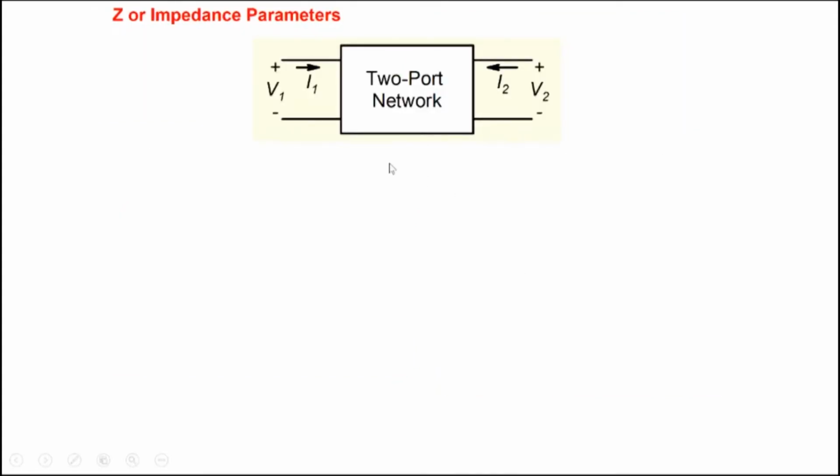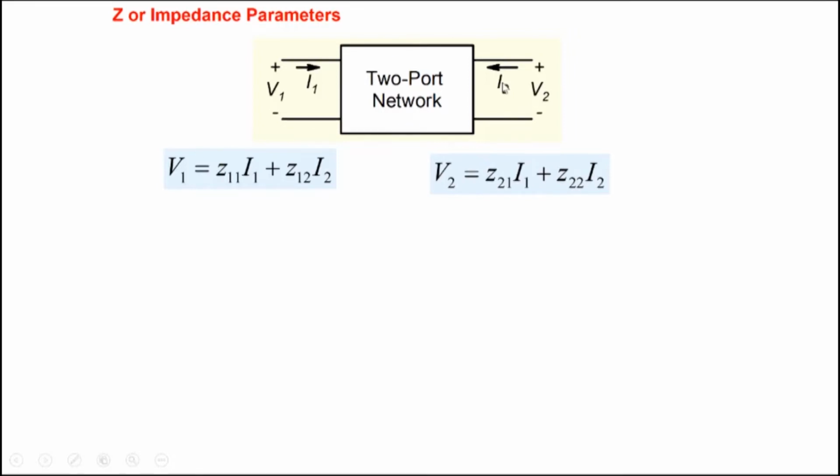So there are different ways in which we can represent this 2-port network. One of them is in terms of Z parameters, or impedance parameters. In this case, we take I1 and I2 as 2 independent variables, and we express the remaining 2 variables in terms of I1 and I2. So we write V1 is Z11 I1 plus Z12 I2, and we write V2 is Z21 I1 plus Z22 I2.